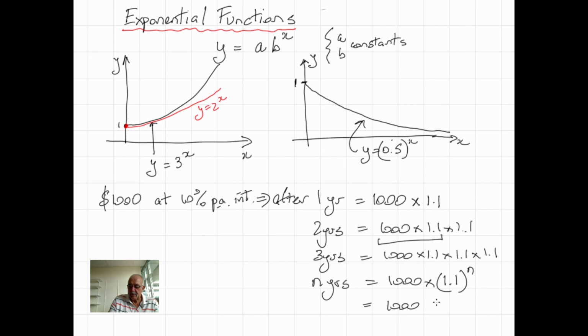So that's 1,000 times 1.1 to the n, just leave the multiplication sign out. So that's an example there of an exponential function. n is the independent variable. Here's my base. In this case, if we use a, b to the x, b is 1.1 and a is 1,000. So that's how much you would have after n years, an example of an exponential function.